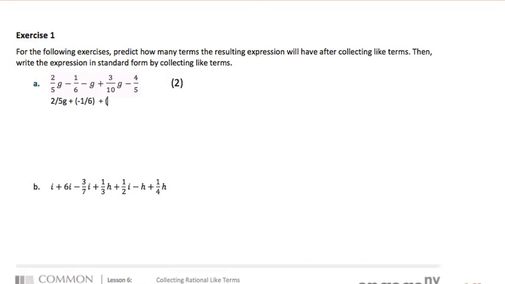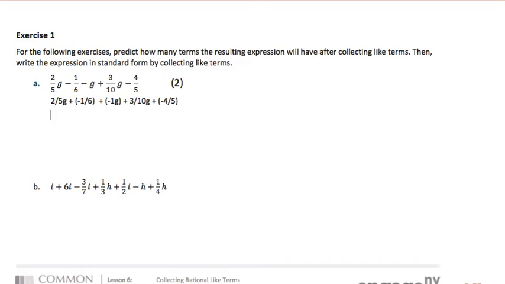Plus negative g, which is actually negative 1g. And if you're struggling with that, just put a 1 in front of it. That might help. Plus 3/10 g, and changing this subtraction, plus negative 4/5.